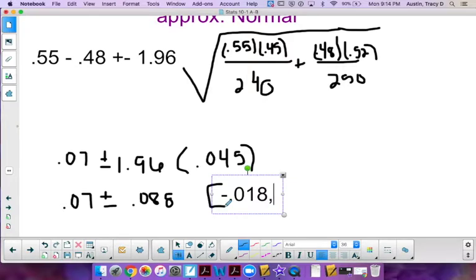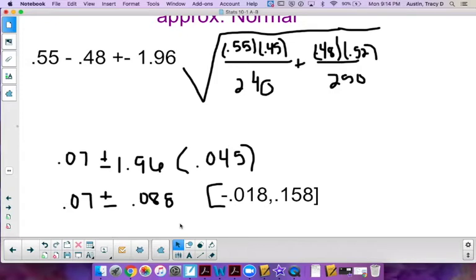And then the positive, 0.07 plus 0.088 is going to be 0.158. Interestingly enough, on that one, 0 is actually contained within that interval.